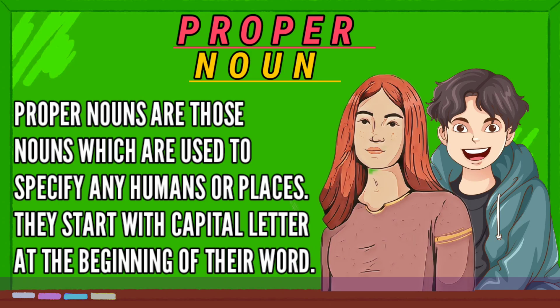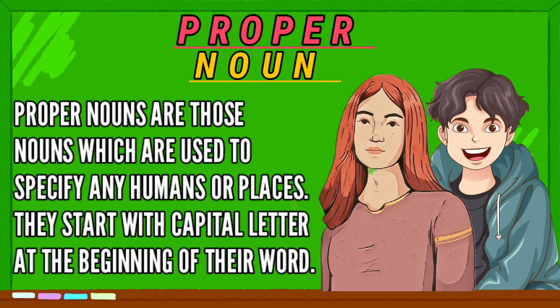Proper noun. So what are proper nouns in English? Proper nouns are those nouns which are used to specify any humans or places. They start with capital letter at the beginning of the word. So what we understand through this definition? We understand that proper nouns specify the existence of that object.